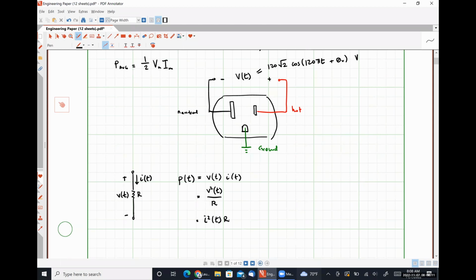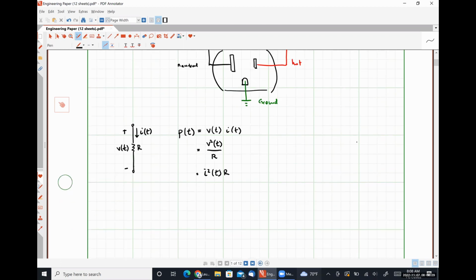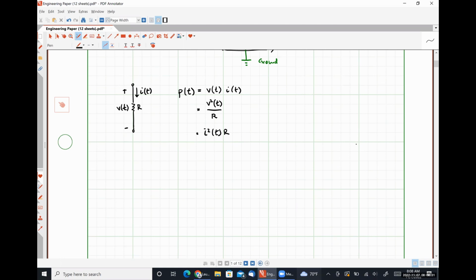Mason. The effective value is not an AC voltage. It is a DC equivalent voltage or current that provides the exact same amount of power as the time varying voltage. Okay.